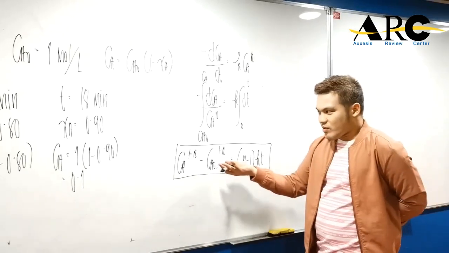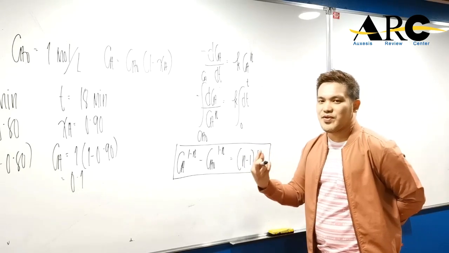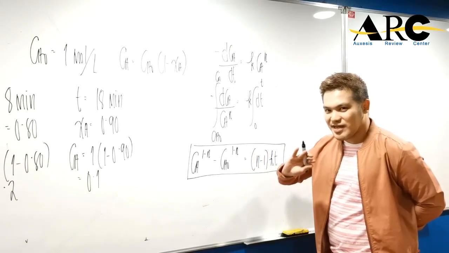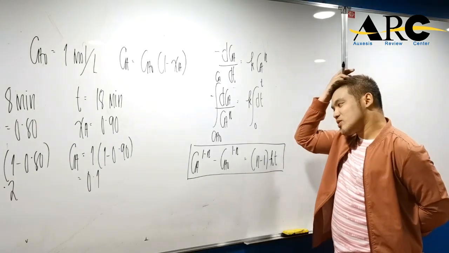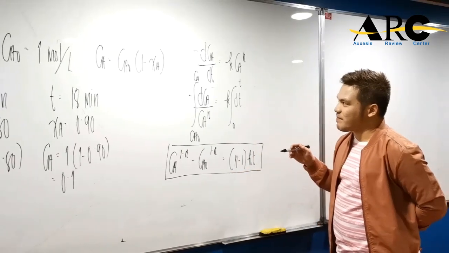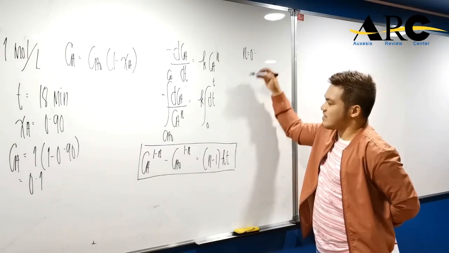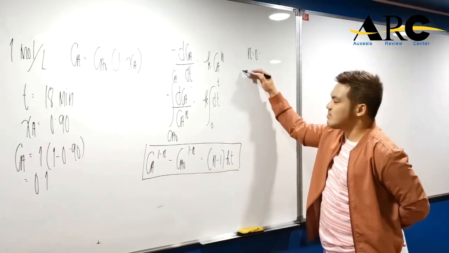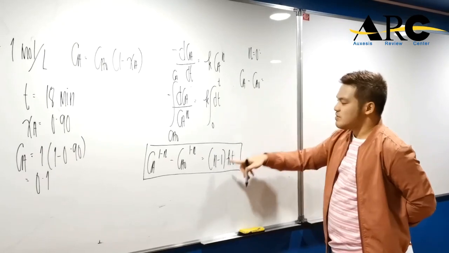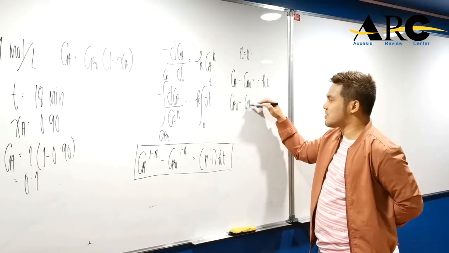Ito na yung magiging formula ng n order. Kung makalimutan nyo man si zero order, kung makalimutan nyo man yung formula ni second order, kapag binigyan kayo ng any order like third, 1/2 order, makukuha niyo yan kung alam niyo yung formula ni n order. Tingnan nga natin kung mapapalabas natin yung sa 0 and second order. Kapag ang value ng n natin is 0, 1 minus 0 is 1. So, you have Ca minus CaO equals negative Kt. Di ba ito yung formula na binigay sa inyo kanina for zero order?